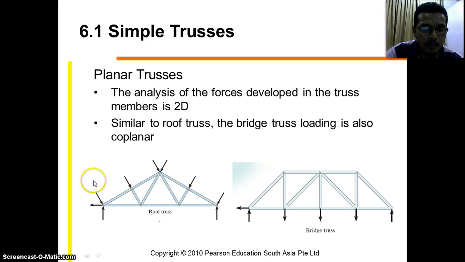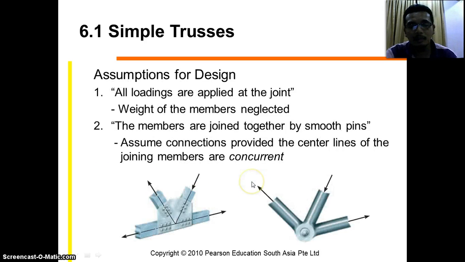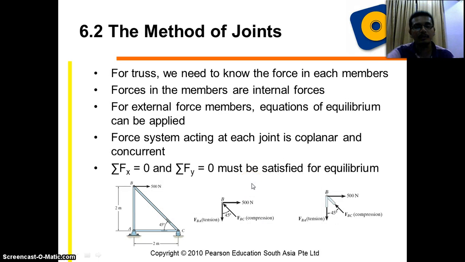Because we want all of it in equilibrium, each joint must be in equilibrium, in order for the whole truss to be in equilibrium. So at each joint, with the method of joints, we satisfy equilibrium by using these two equations: the summation of forces in the x component equals 0 and the summation of forces in the y component equals 0.